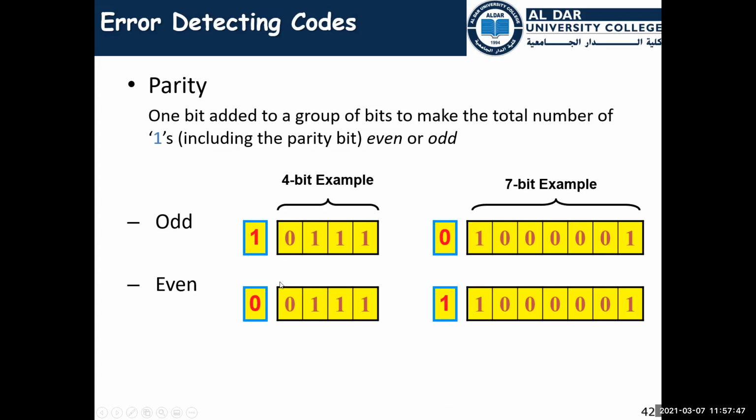Okay, let me explain it in more detail. Suppose that we are working on odd parity and I want to transfer data between the sender and receiver. The sender is here.